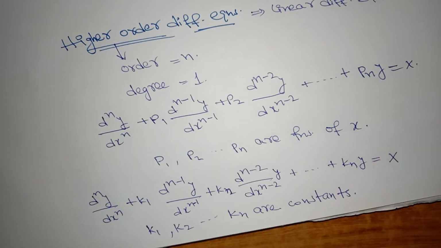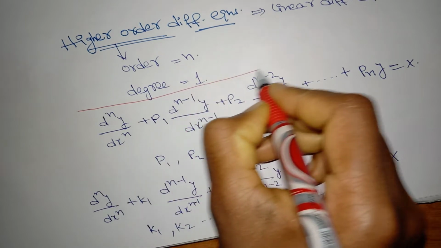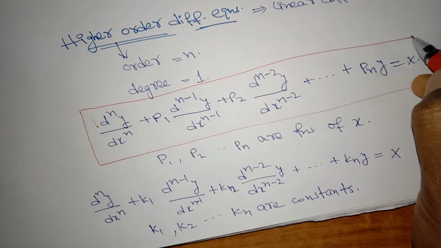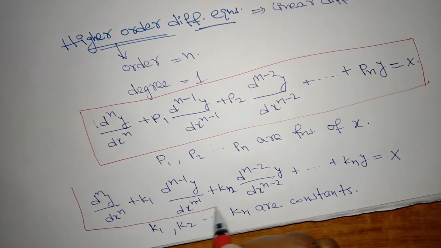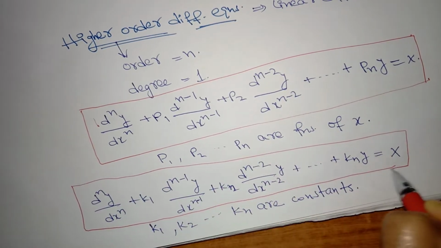Remember these two differential equations. In the first, p1, p2, p3, and so on up to pn are variables, and in this equation k1, k2, kn are constants.